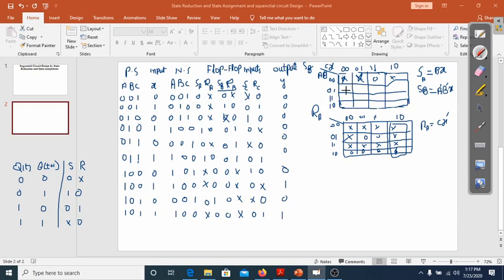This is 1, this is 0, this is 0, this one is don't care, and this whole row, this combination does not exist, so I will incorporate don't care.